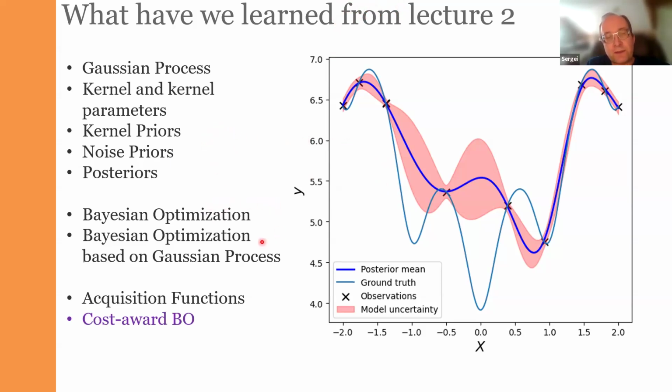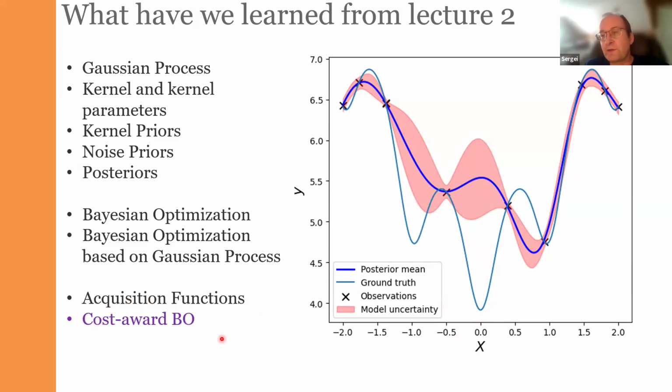So we looked at Bayesian optimization: the types of Bayesian optimization that are based on minimizing the uncertainty, and a type where we actually try to find the minimum or maximum of the function. We talked about the acquisition function as the way to balance uncertainty and prediction, and that the acquisition function can very naturally include the cost of the measurement.